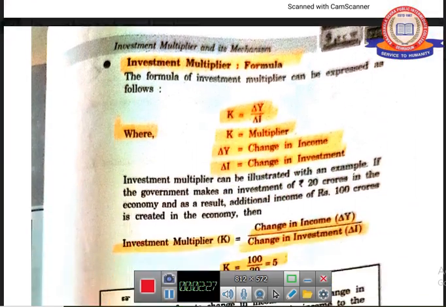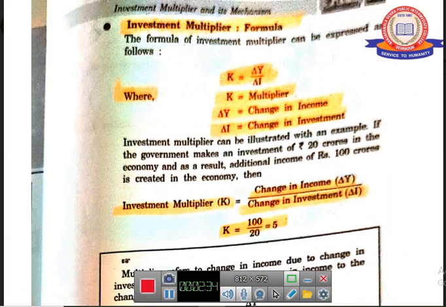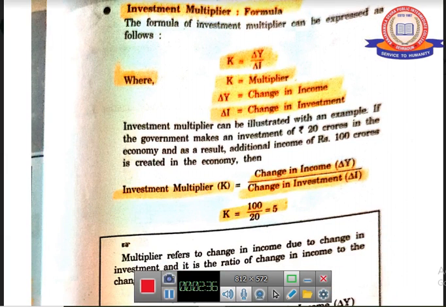So it is the ratio. What is investment multiplier? It is the ratio of change in income to change in investment. K is equal to del income upon del investment, where K is multiplier, del Y is change in income, and del I is change in investment.